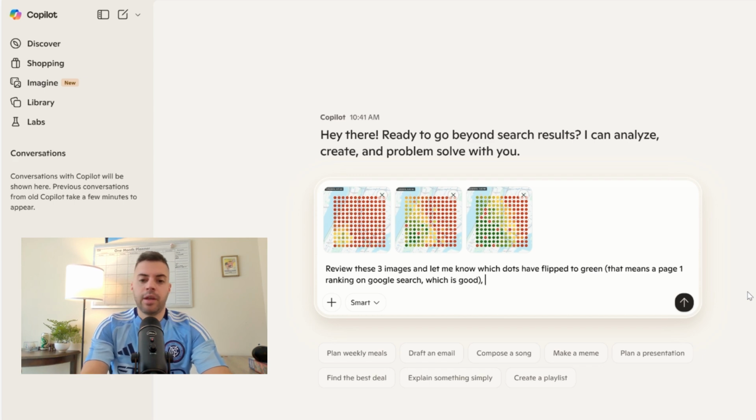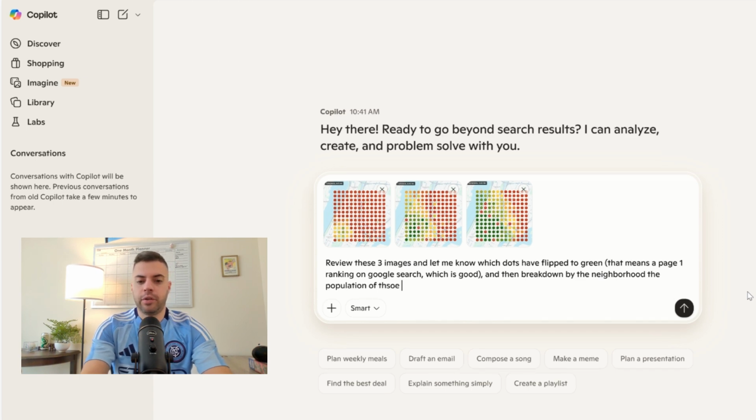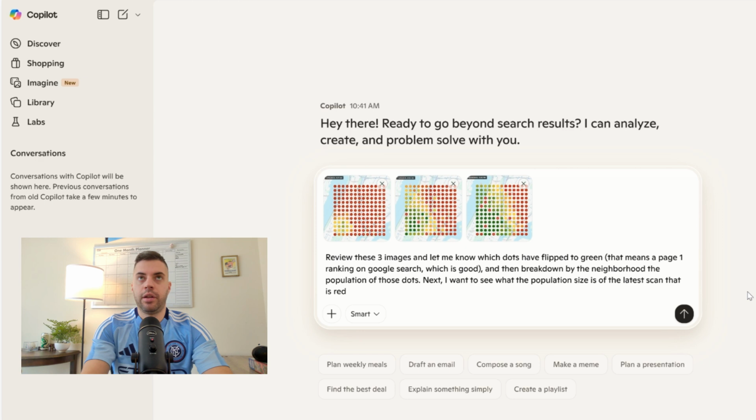And then break down by the neighborhood, the population of those dots. Next, I want to see what the population size is of the latest scan that is in the upper right of the map.